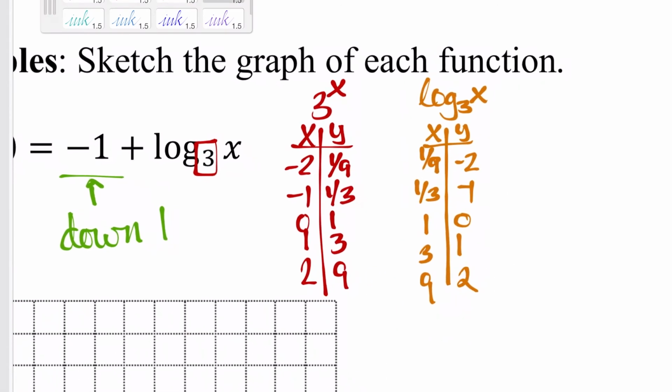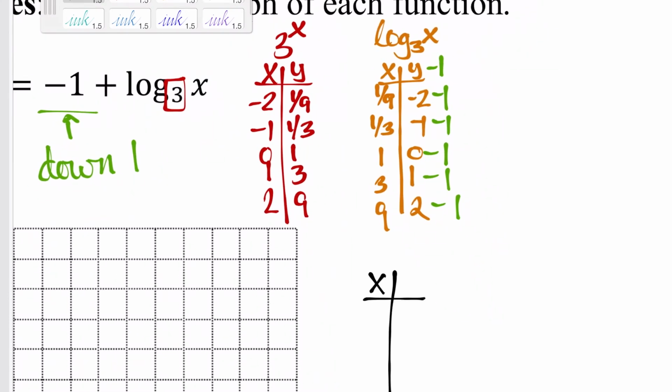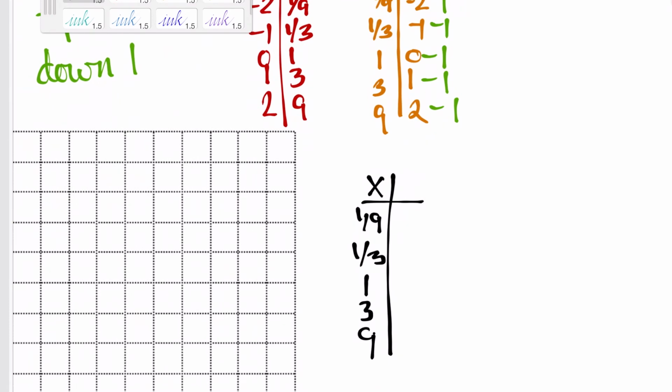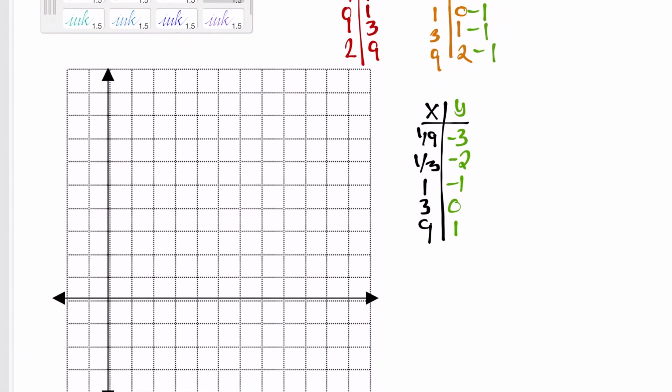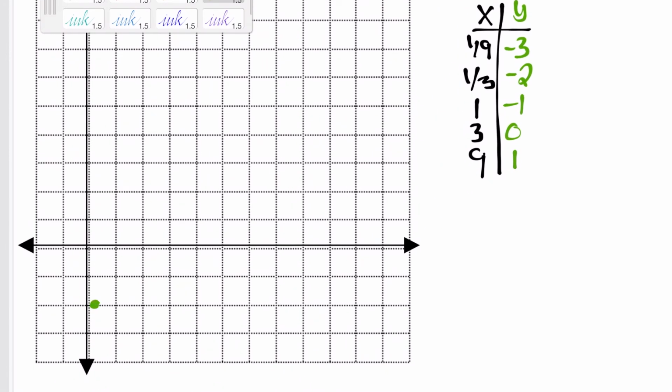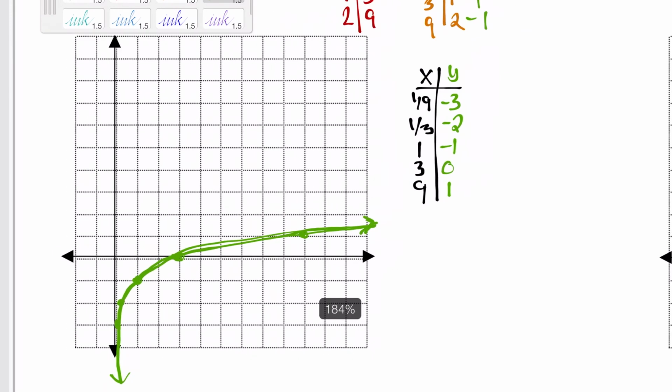So now that I know that this is the t-chart to my parent function, if you will, I'm going to move everything down by subtracting 1 from all of my y values. And so from here, I'm just going to plot those new values. And there we have it.